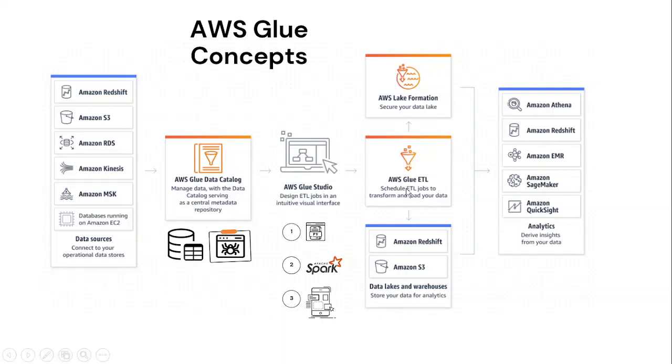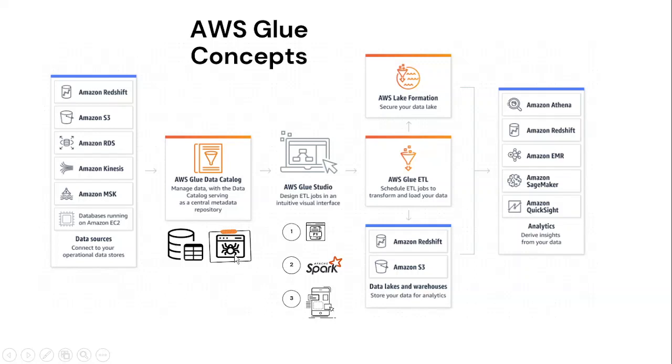But along with the transformations, we can do the data cataloging. That's another feature you see here. So in the AWS Glue catalog, there are three important concepts which we need to be aware of. One is crawler, as you can see here, and the second one is database and tables.